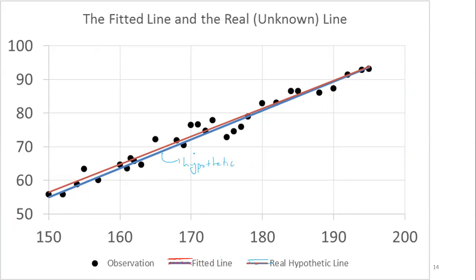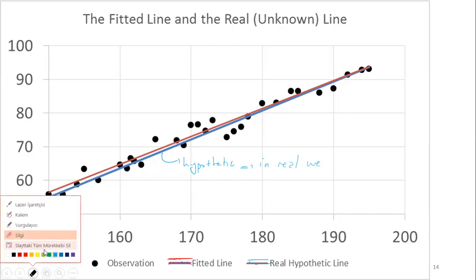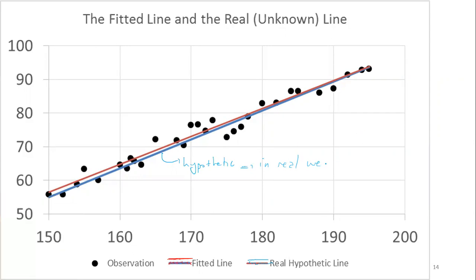This is the real line that we don't know. Of course, since we are just making an example, I can write this here because I know it, because I produced this data. This is the hypothetic line, but in real life, we never know this. We never know the real line.